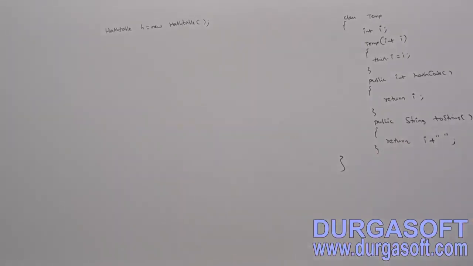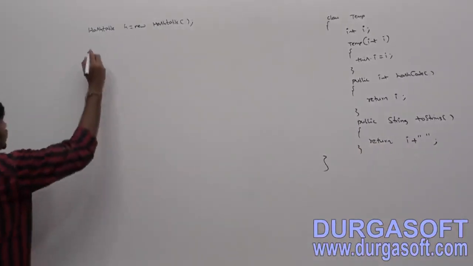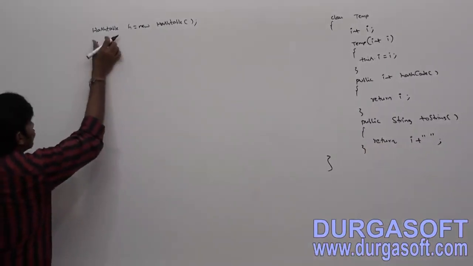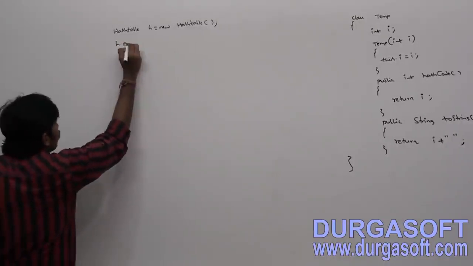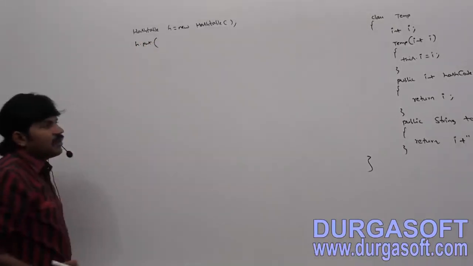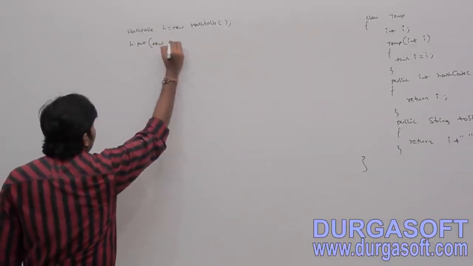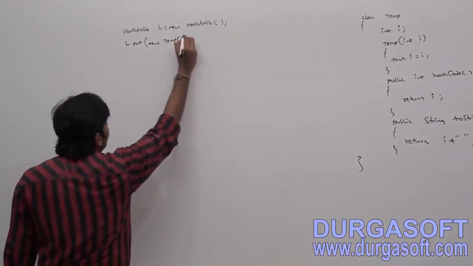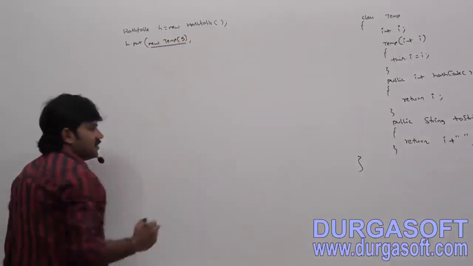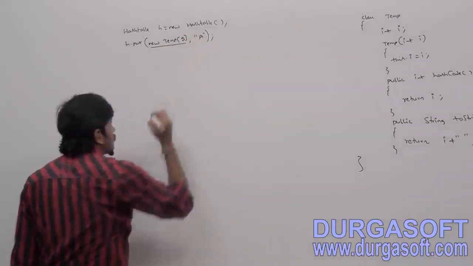I'm creating a Hashtable object and trying to add some key-value pairs. h.put of... can you tell what is the key? You can consider it from the screen. The key is new Temp(5), and the value is A. So this is the key, and A itself is the value.